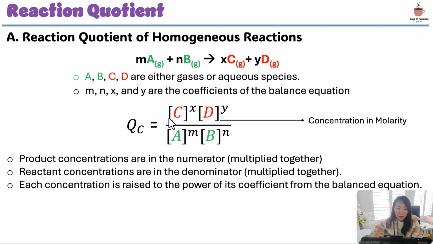So the product concentrations are on the numerator, the reactant concentrations are on the denominator, and they're multiplied together, top and then the bottom. And then each concentration is raised to the power of the coefficient of the balanced equation. Also note that these are all gases, or they could be aqueous species, to put these kinds of values in a reaction quotient equation.